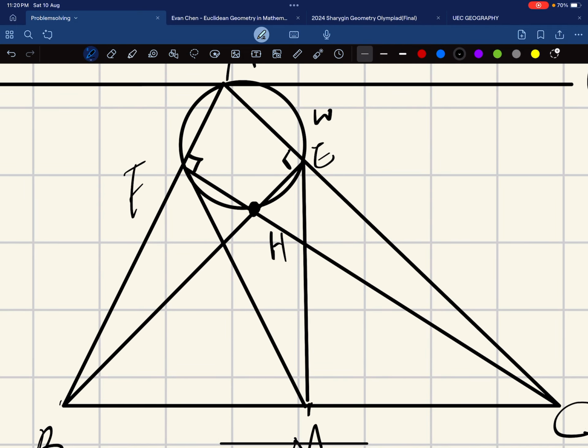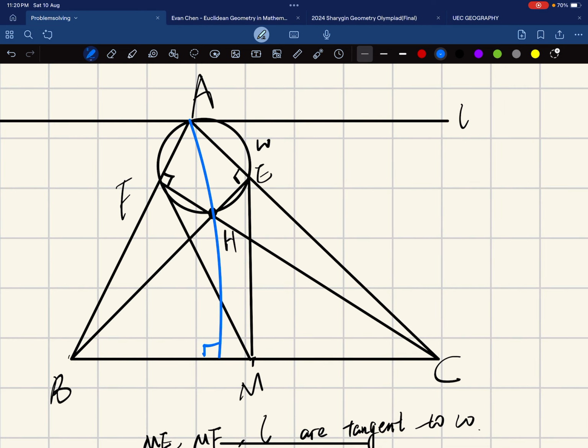So we try to find this angle. We find the center of this circle, maybe we denote it as O, and we connect OF.